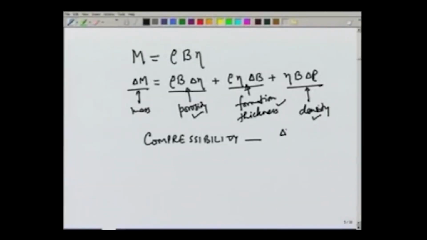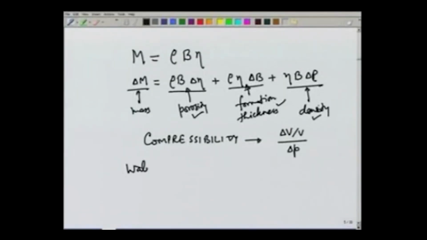which is inverse of the modulus of elasticity and is defined as change in volume per unit volume divided by the change in pressure, which is basically strain over stress. For water, we can define a compressibility represented by beta.